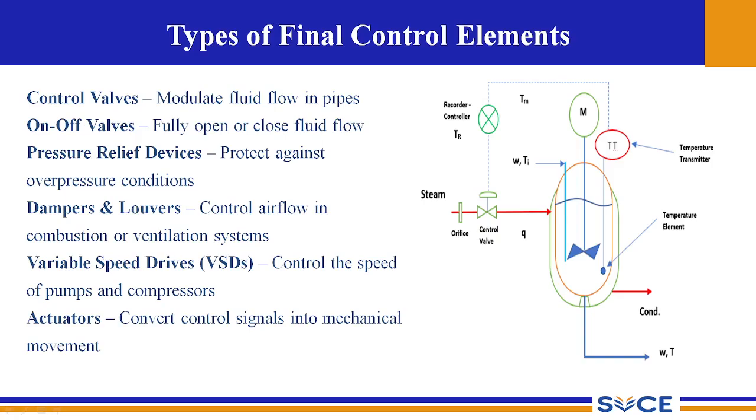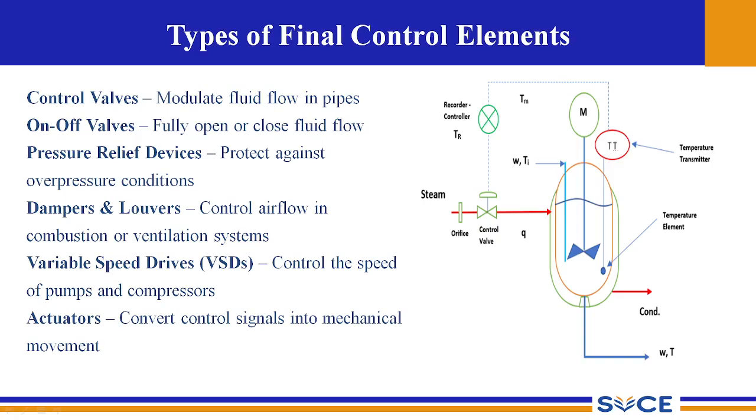There will be an element which will transmit the measured value of temperature to the transmitter, and the transmitted value is going to the recorder controller. Now the recorder controller will compare the set point and the measured value of temperature, and it will send out the control signals to the control valve.